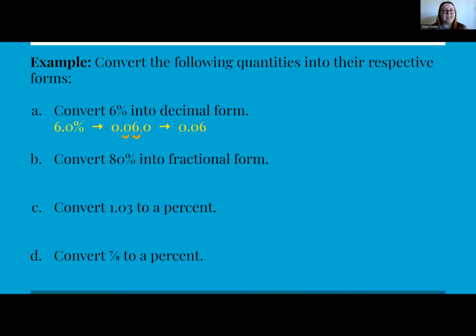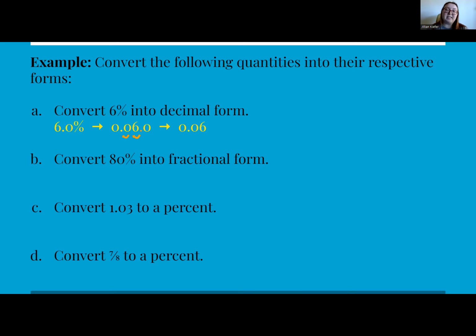All right. Next one is B, convert 80% into fractional form. What we said with fractional form is that the first thing we do is drop the percent sign and divide by 100. So the first step in fractional form would be 80 over 100. Once we have 80 over 100, we can simplify.